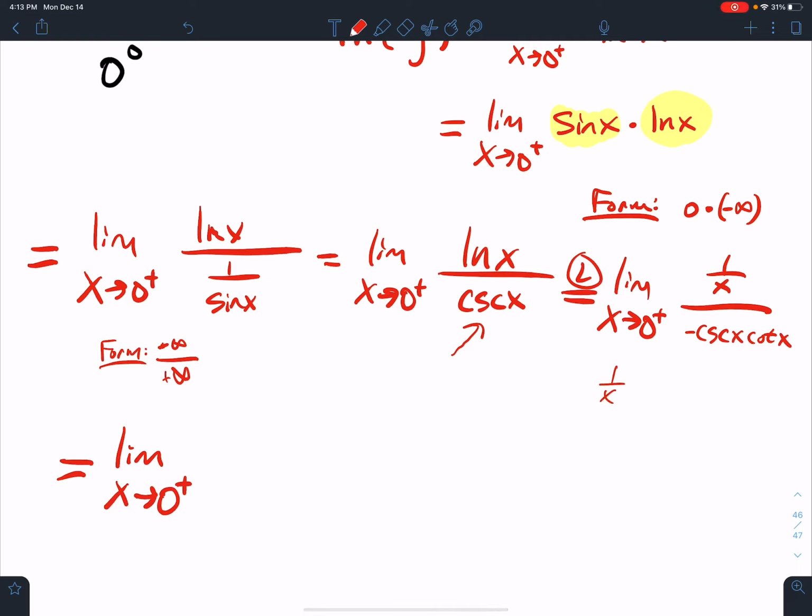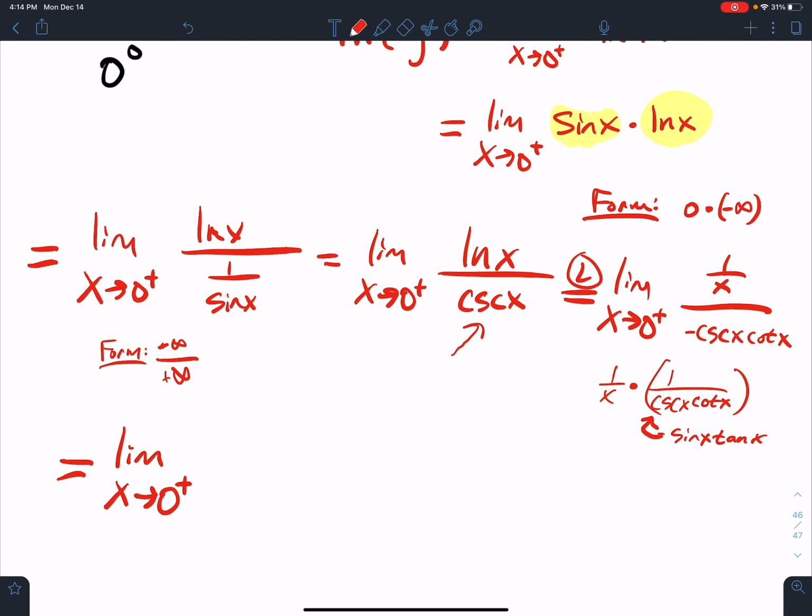Remember, keep, change, flip, right? So keep, change, flip. But this can flip again. This can turn into sine x times tangent x using your trig identities. Okay, that's what this part equals here.